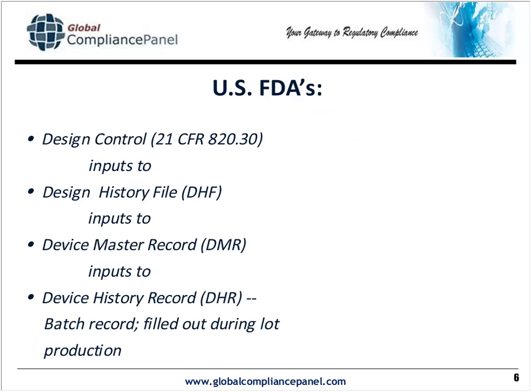So looking at the US FDA's GMPs for devices, 820.30 specifically, we see that design control, its requirements, its systems that it talks about, which we'll discuss in detail, inputs into the design history file in terms of documentation to prove that design control requirements were indeed met.